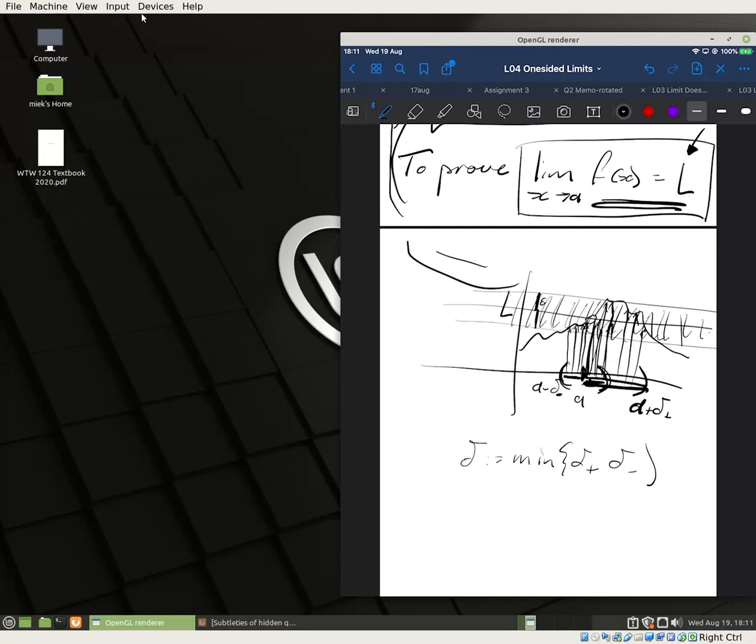This interval is contained in that interval. So if you take any x in here, it is automatically in this bigger interval, and the function values take values inside of the strip that we are interested in. Okay, so that is the idea behind the proof of this theorem.